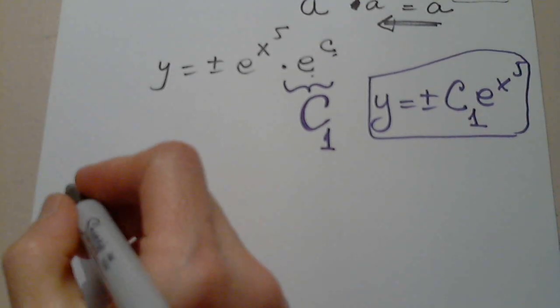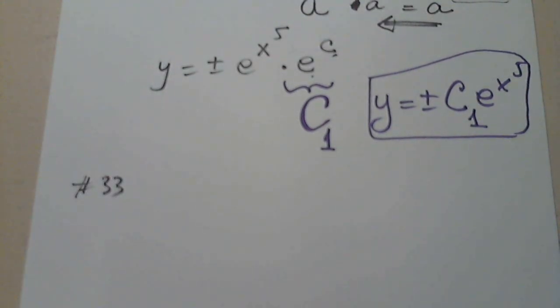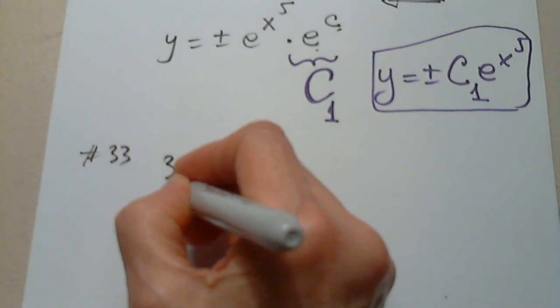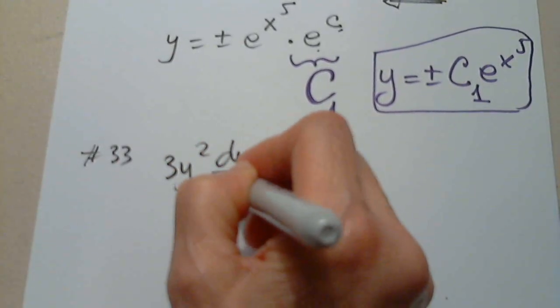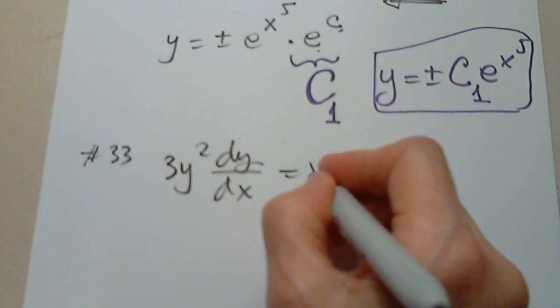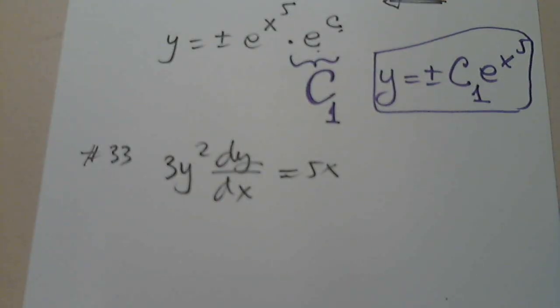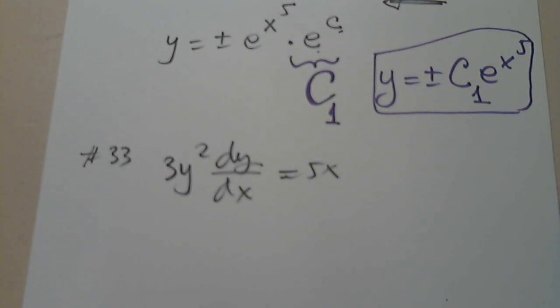Okay, I will choose 33 till you find another one. So 3y squared dy over dx equals 5x. Let's try like we always, contribute even if you're wrong. What do you think we need to do first here in order to separate the variables?